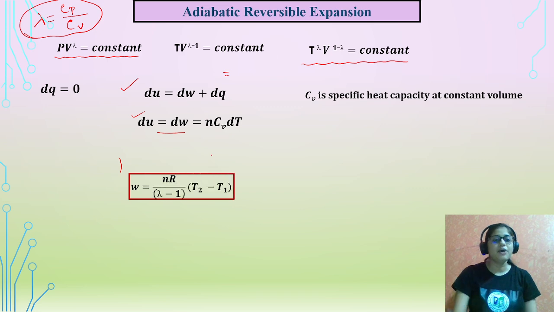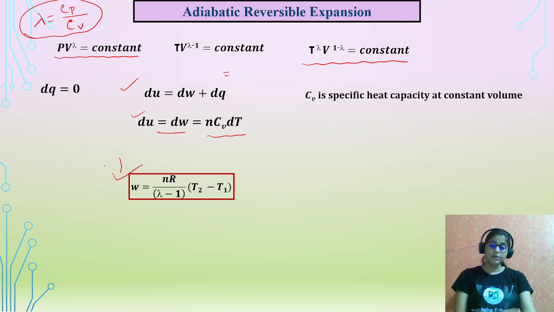Now the work will be from here. If we put the value of dT here, after the rearrangement and derivation we can get W equal to nR by gamma minus 1 into T2 minus T1, right? The derivation is not important here, you only have to remember the formula.